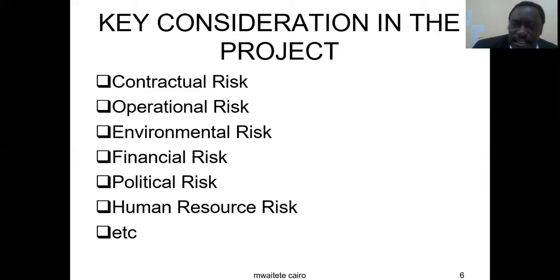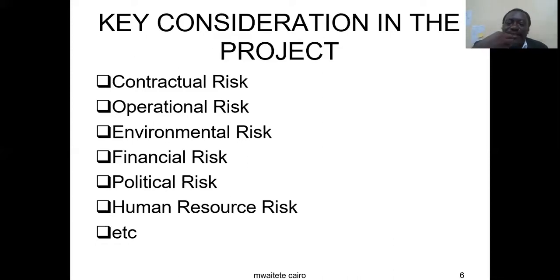Financial risks, the issue of frauds happening in your projects, the issue of finance. You need to take note about those risks. Political risks, politicians interfering in the operation of the project, is also a problem.